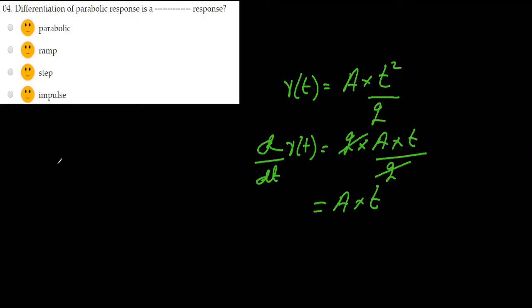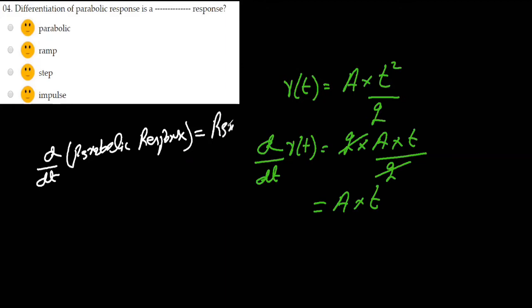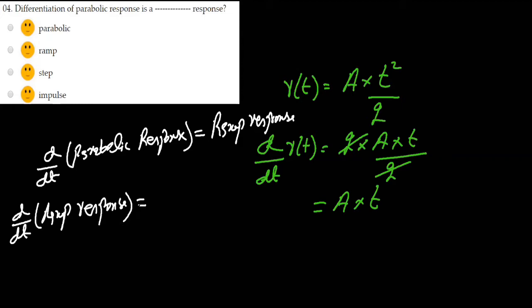So your differentiation of parabolic response gives us ramp response, and differentiation of ramp response gives us step response.